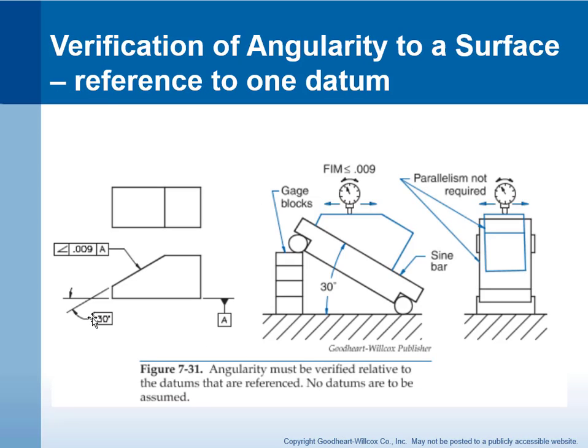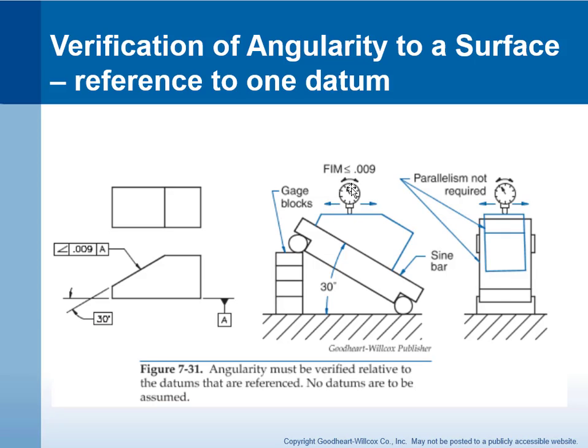We have a block. We have the 30 degree basic dimension. We have an angularity at 9 thousandths with respect to A. So what we do is we set up a sine bar that gives us exactly 30 degrees. We clamp the part to datum A. There's no parallelism required to the two sides, but we'll talk about that in the next slide.